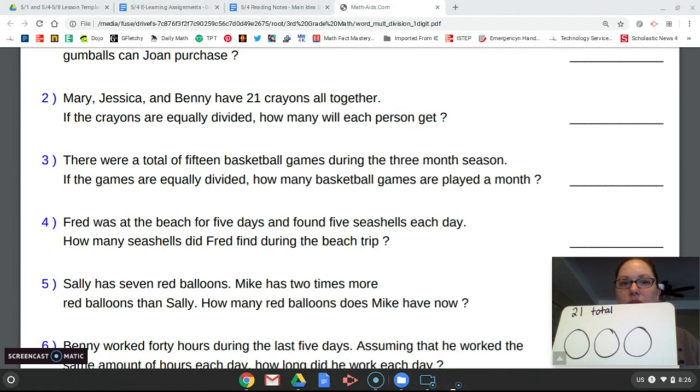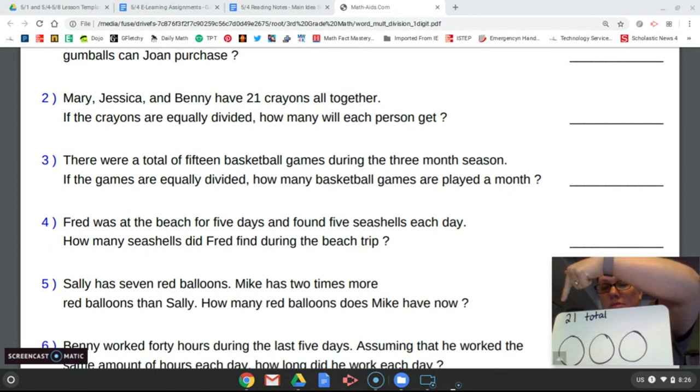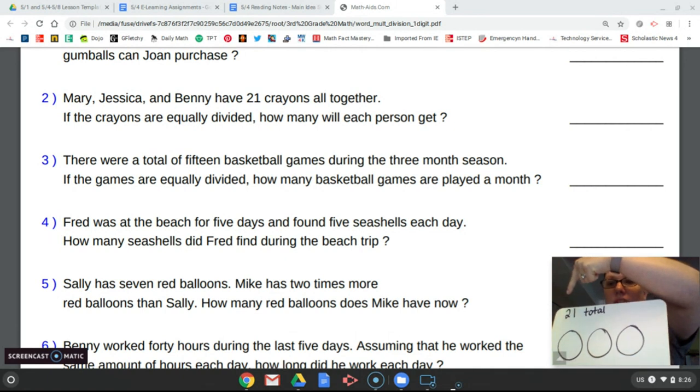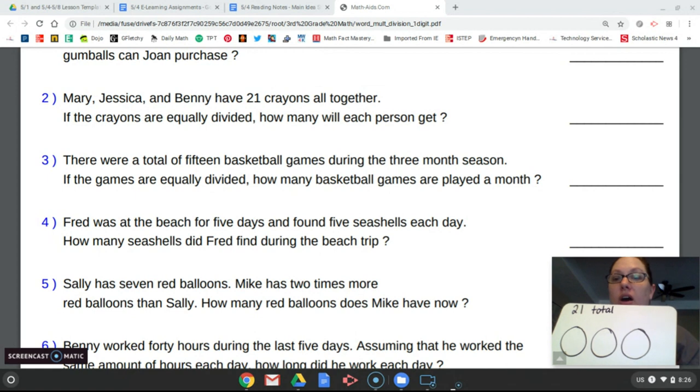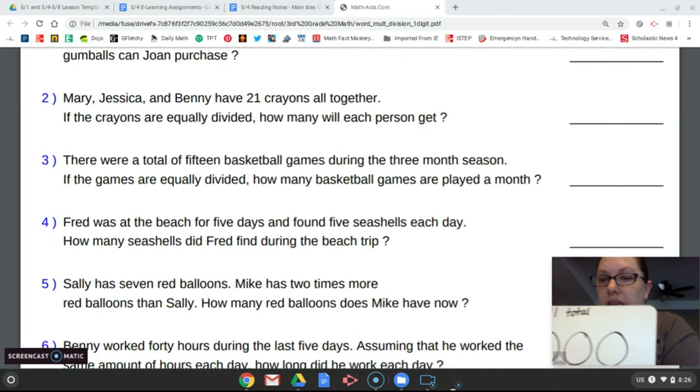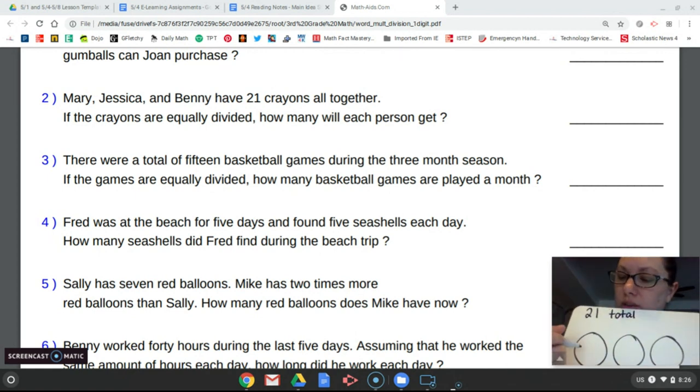Those are my circles. Okay, and I have 21 crayons. I have to divide up those 21 crayons so that each person gets an equal amount. So now all I have to do is split up that 21. So I'm going to put a mark in each circle to show how many crayons each person is going to get.